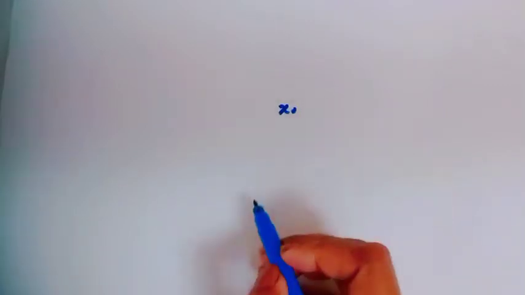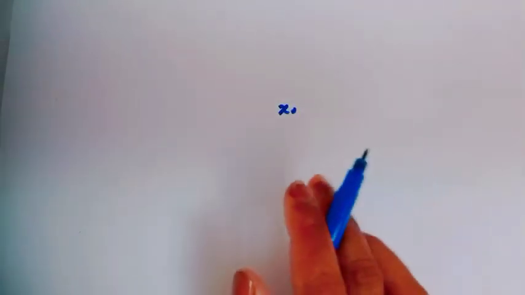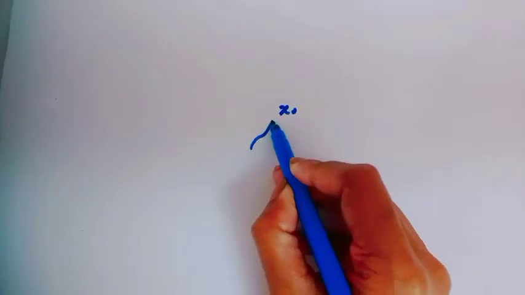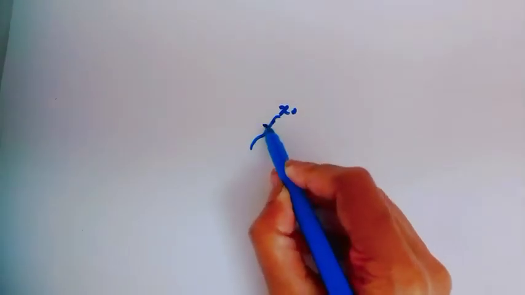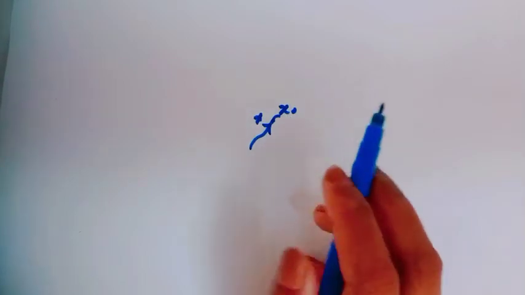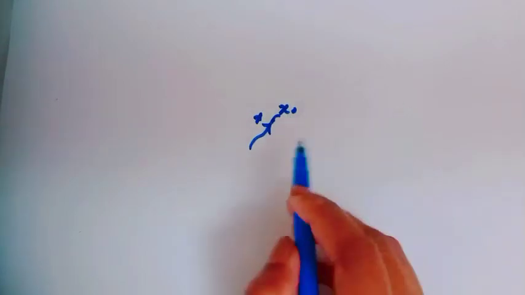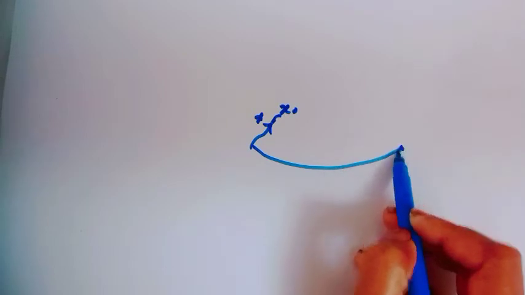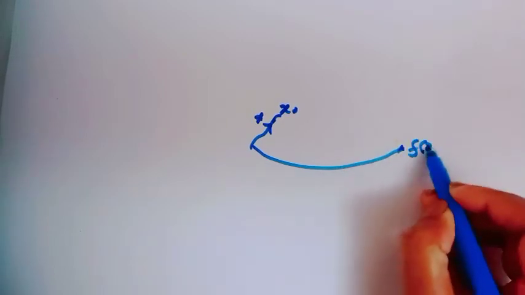At first, I will give you some concepts about continuity. Let x0 be any arbitrary point, and x is near to x0. What will happen for images? Let this be fx, okay?